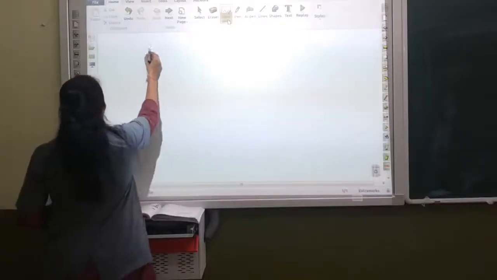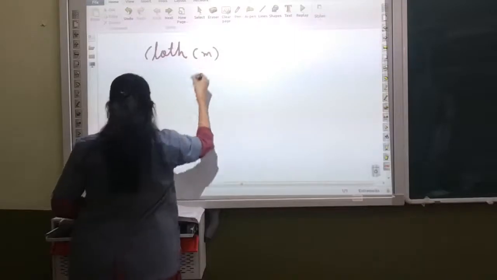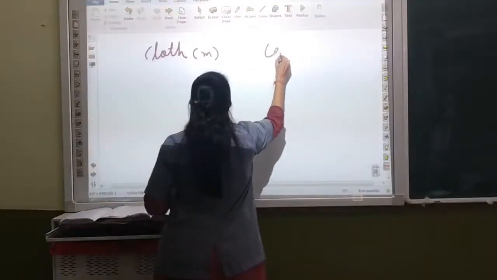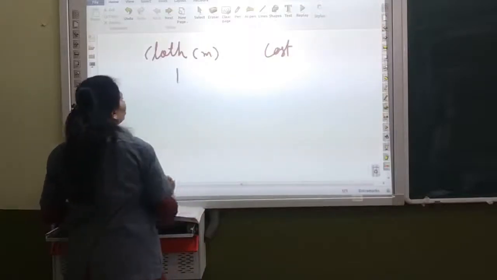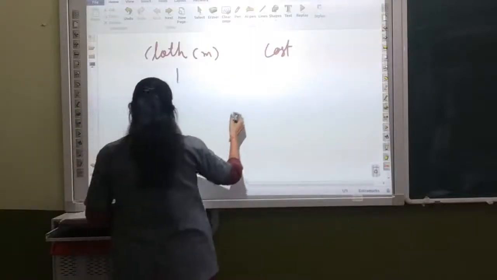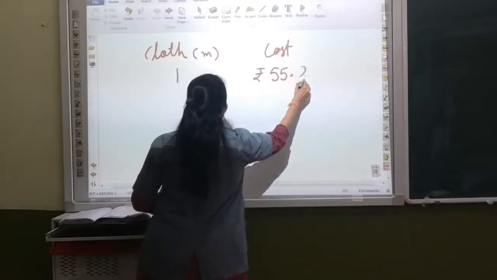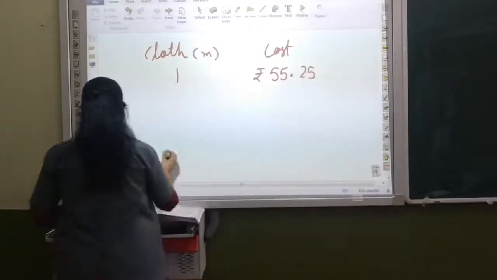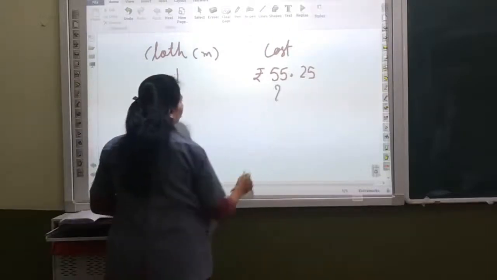So here you write cloth, meter and its cost. So 1 meter cost is rupees 55 rupees and 25 paise, and here we find 8 meter cloth cost.